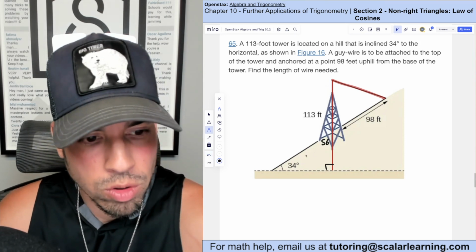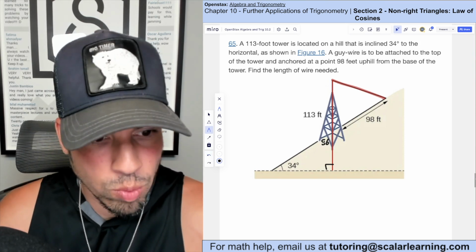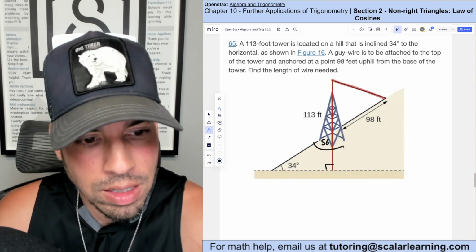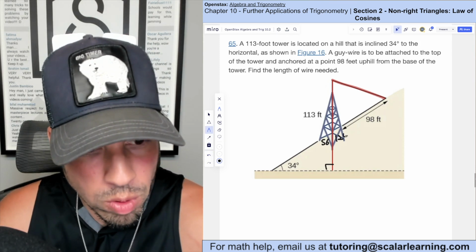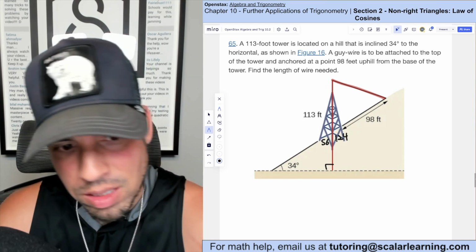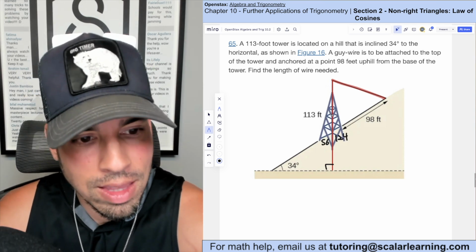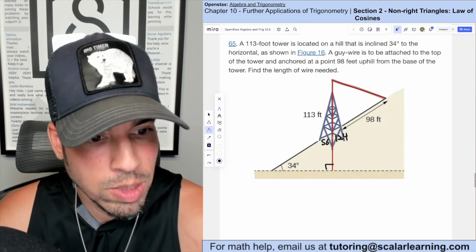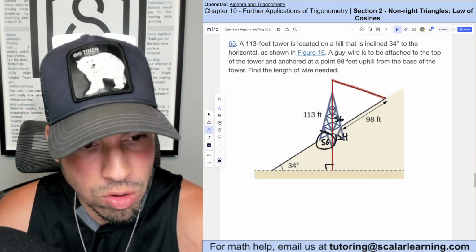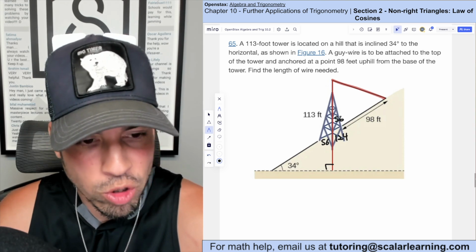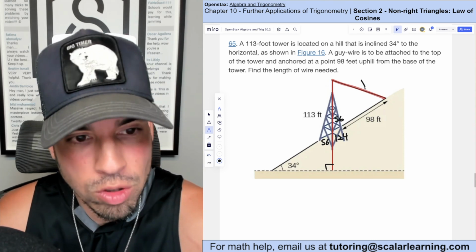Because in a right triangle, those are complementary, so all three add up to 180. So if this is 56 and this whole thing is 180, this over here is 124, right? 124 plus 56, that's 180. And then this adds up to 180, which means over here, this is again 56. The other way to look at that is these two are vertical angles from geometry. Okay, now we have enough information to solve for x.